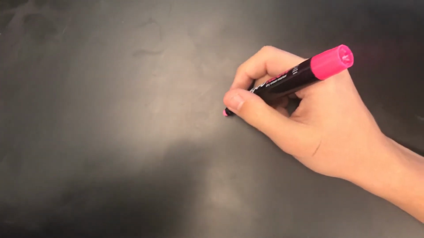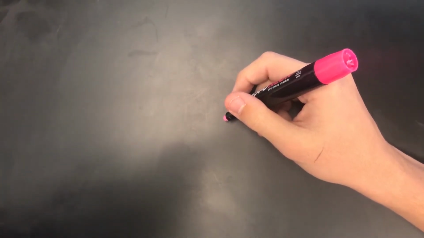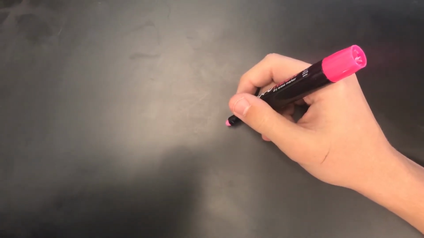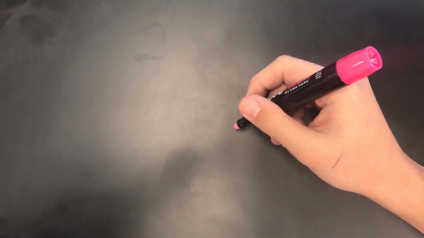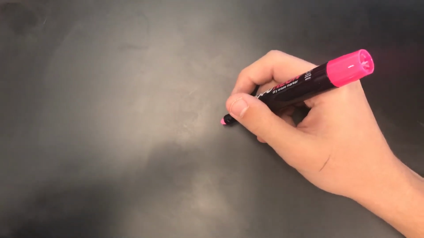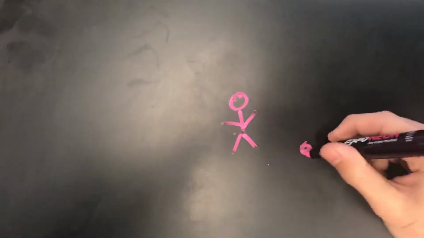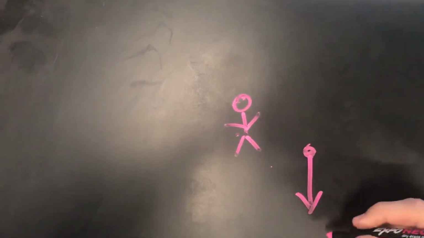Newton's first law states that an object at rest tends to stay at rest, and an object in motion tends to stay in motion with the same speed and in the same direction unless acted upon by an unbalanced force. So here's our example. If a person is falling at a constant terminal velocity, so he's going down this way, let me draw an FBD.